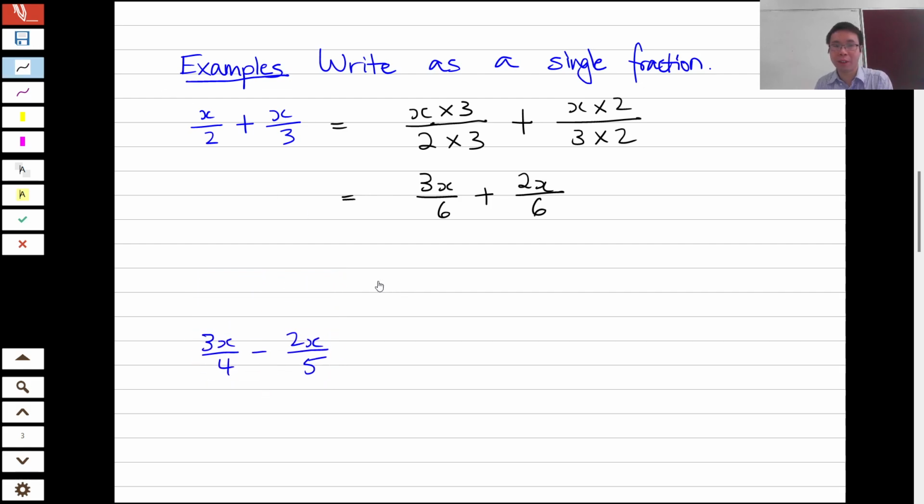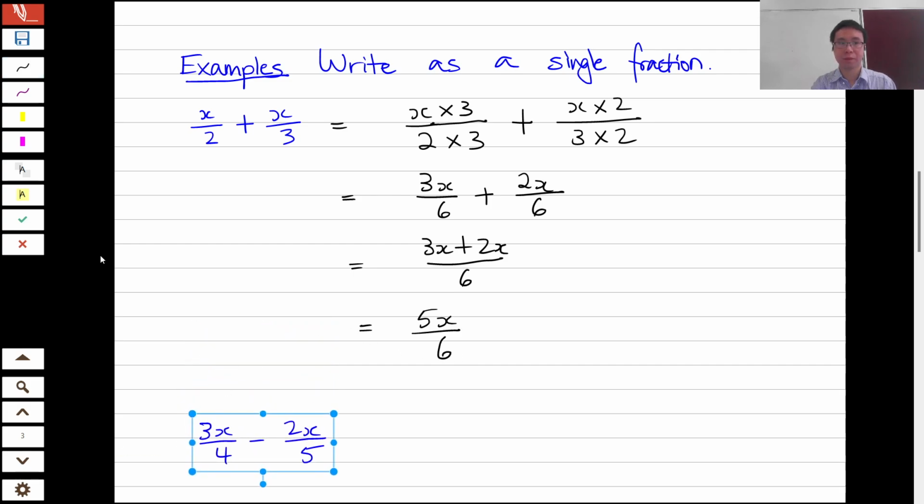So this is going to give me 3x plus 2x divided by 6. Here I'm using the first property. If the denominators are the same, I can add the numerators together while keeping the denominator the same. And that simplifies to 5x on 6. Now, as you grow more confident, you can show just these steps.